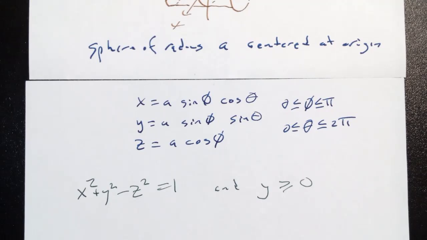It would only be a cone if it was equal to 0, because what I need is one square on one side and two squares on the other side to get a cone.